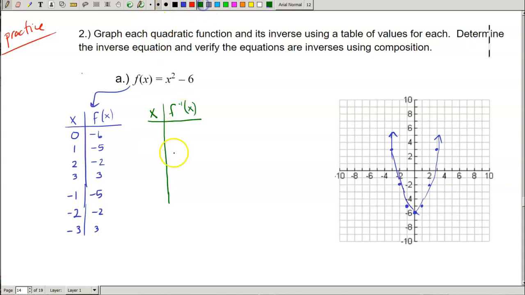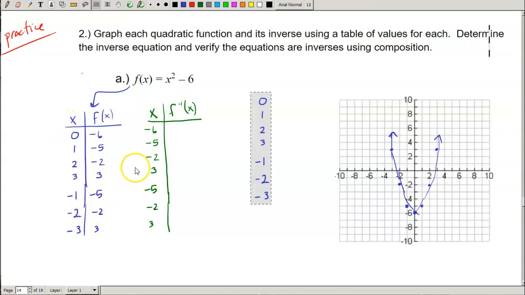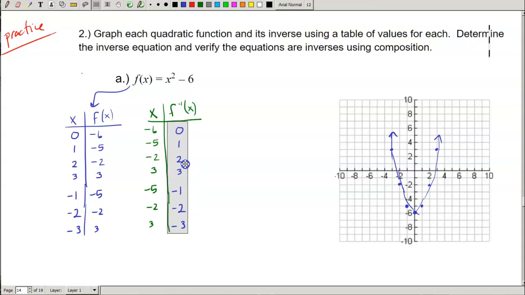Basically, because I know that if I'm going to graph the inverse, the x's and y's are just switched, I can really just take my y's for the first one and put them as my x's, and my x's from the first one and put them as my y's. And the graph is going to show that, kind of like what we just saw in Desmos. -6 would go to 0. That means I'm right here. -5 would go to 1, but -5 would also go to -1 as well.